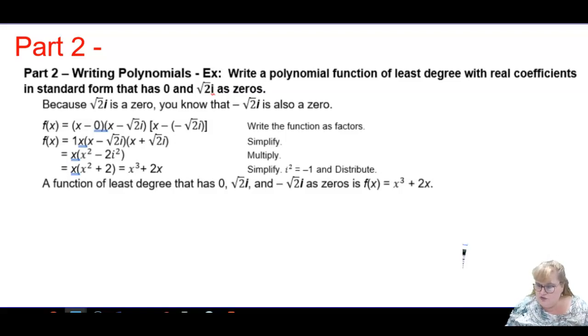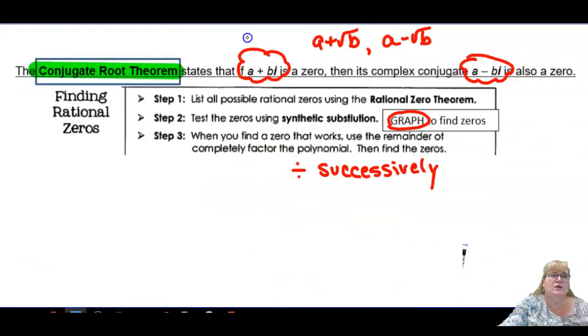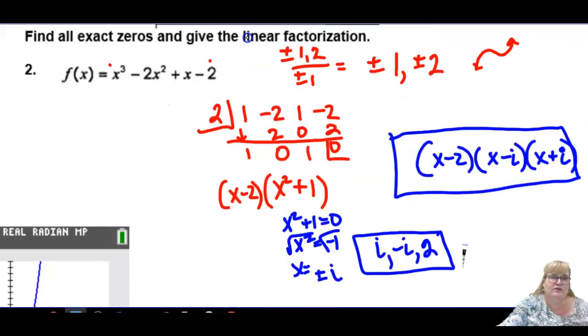This is part 2 on 2.4. This time, instead of just finding the linear factors and finding all the zeros, whether they're real or not, we're going to actually have to write a polynomial, okay? And you remember the conjugate root theorem, okay?